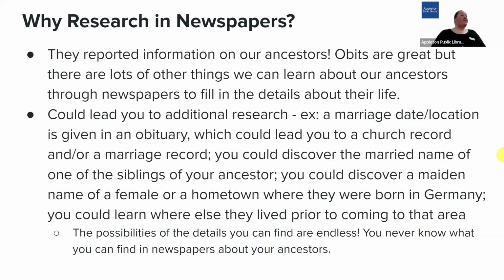Or maybe you could discover the married name of one of the siblings of your ancestors, or the maiden name of a female, or a hometown where they were born in Germany. There are lots of different things you can find, and depending on how detailed they are, that might determine what additional information you can get and what hints you can take to find additional research on them. Of course, the possibilities of details are endless.